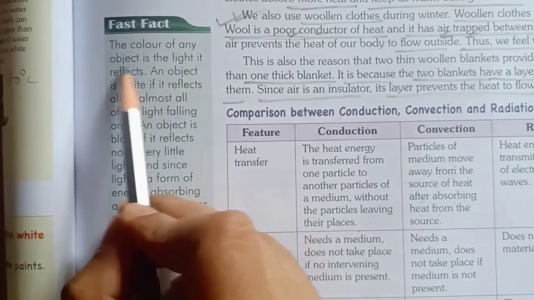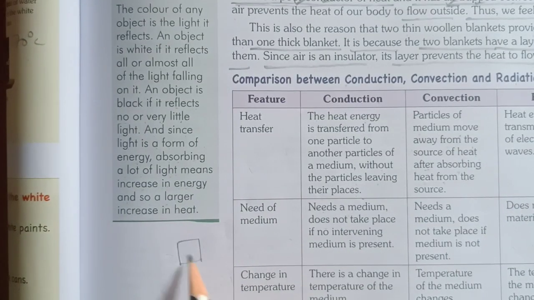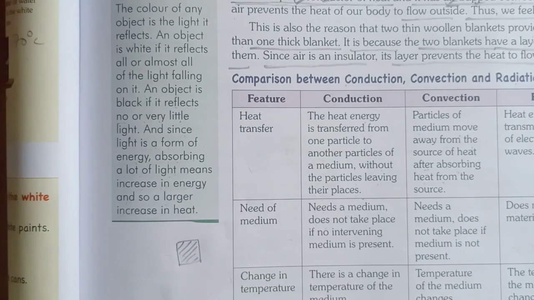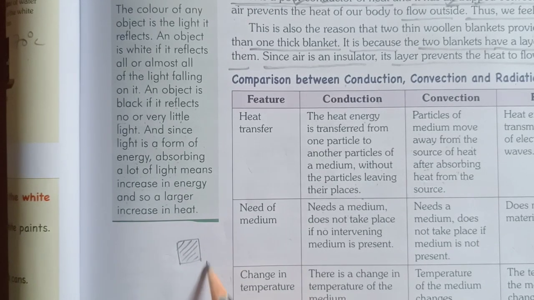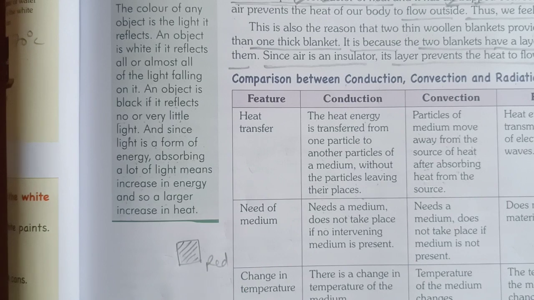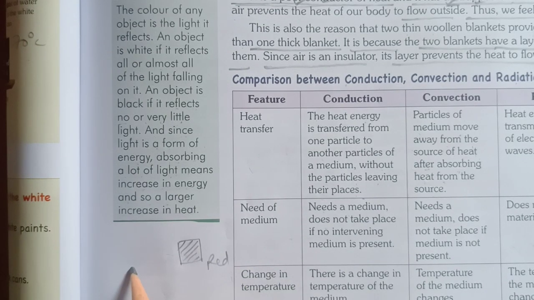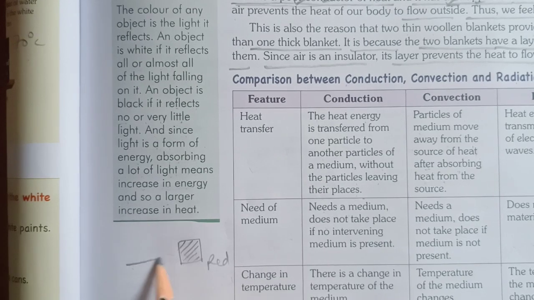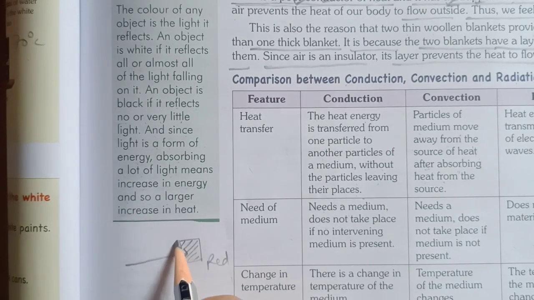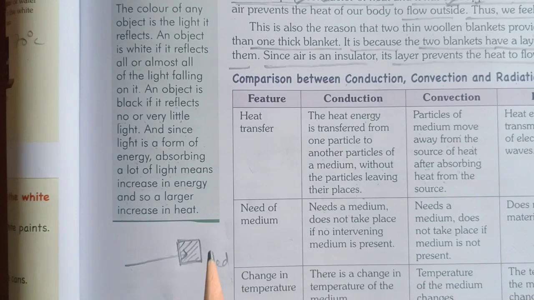The color of any object is the light it reflects. Suppose this is a surface of an object and this is red in color. So how do we see this red color? When white light, or suppose the light from the sun, falls on it, actually we all know that white light consists of 7 colors.